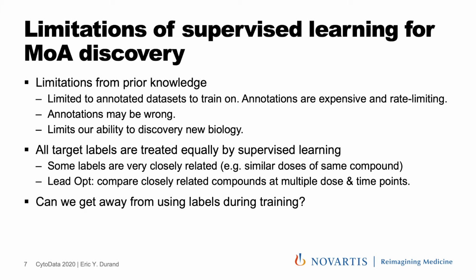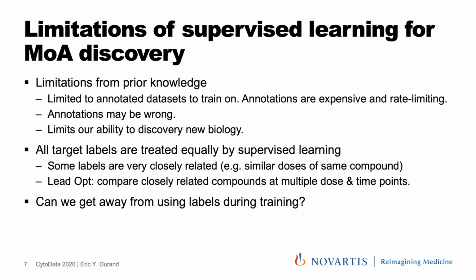But the second limitation, perhaps more important in my eyes, at least for what we're trying to do in my group, is that all target labels really are treated equally by supervised learning. It doesn't have any notion that some labels are very closely related to each other.